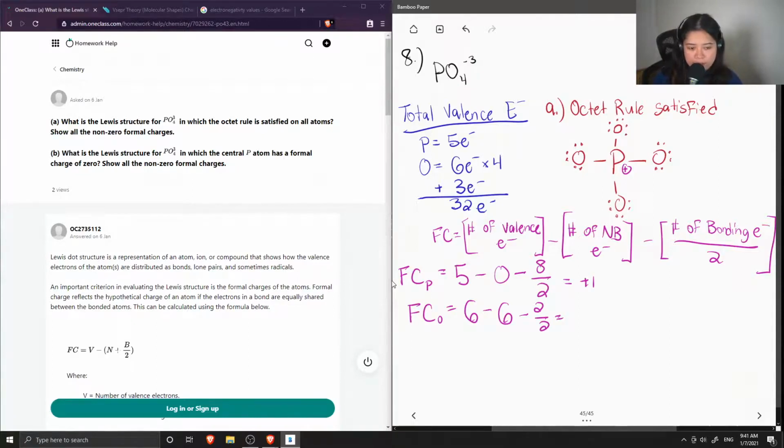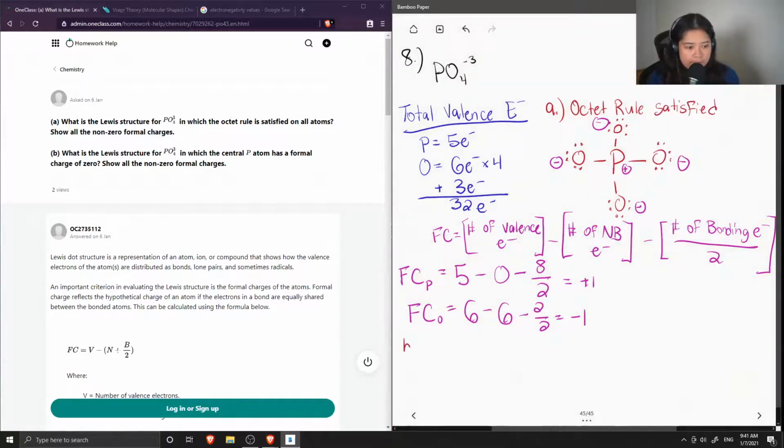So 6 minus 6 minus 1 is minus 1. So all of the oxygens have a minus 1 charge. So this is the structure in which the octet rule is satisfied on all atoms.